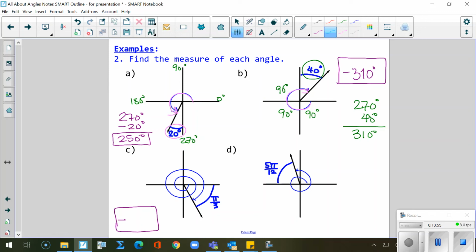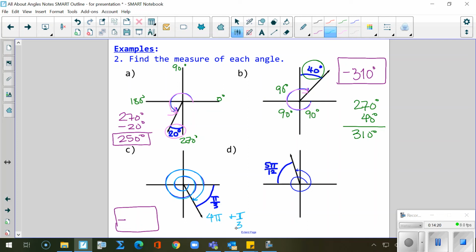So I'm going to count as I trace. 1 pi, 2 pi, 3 pi, 4 pi, plus pi over 3. So the size of this angle is 4 pi plus pi over 3.